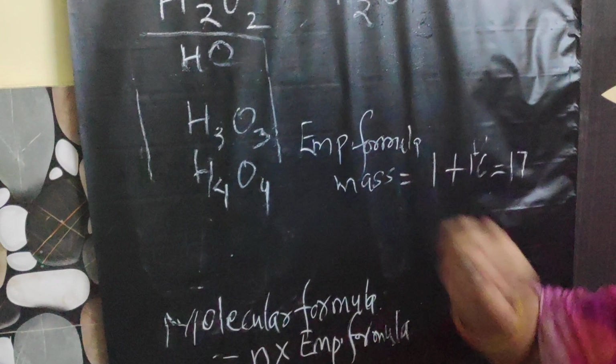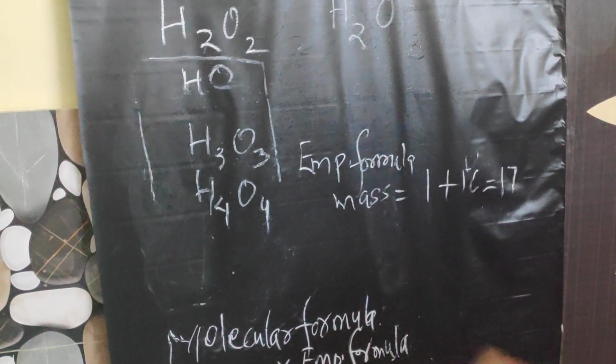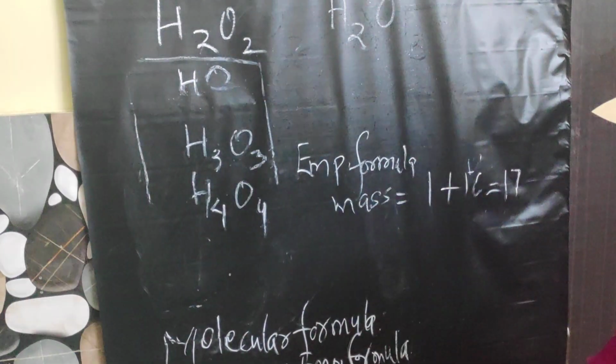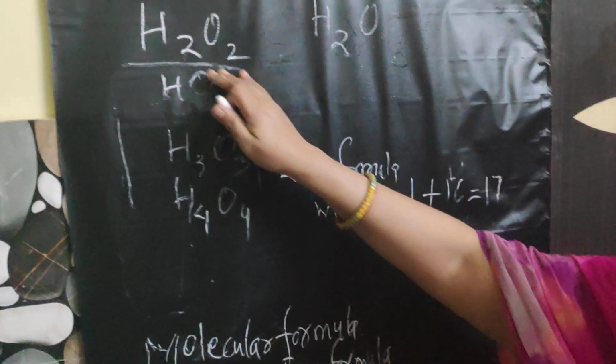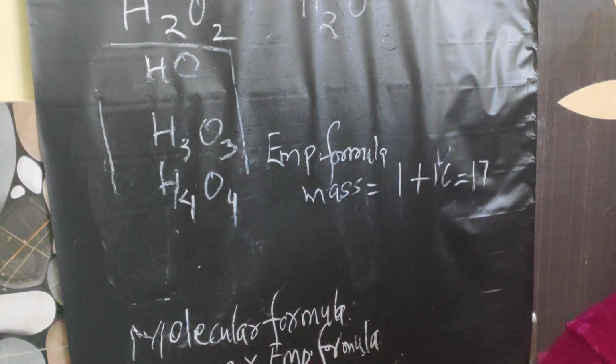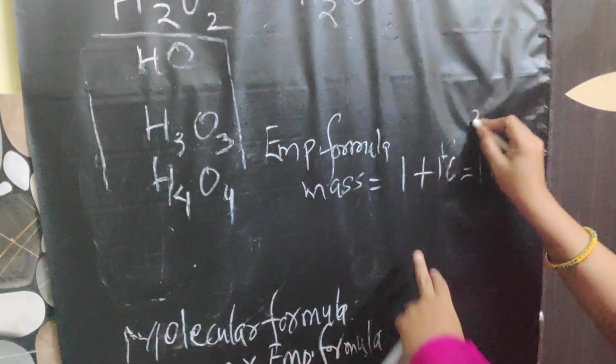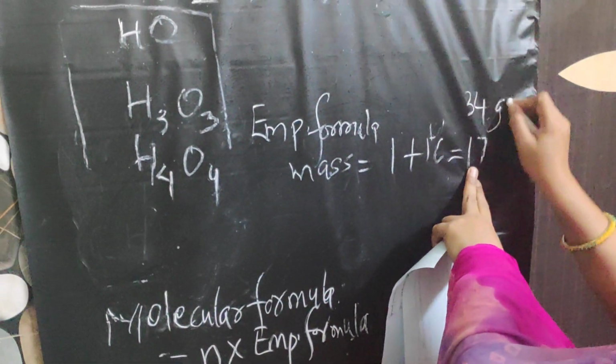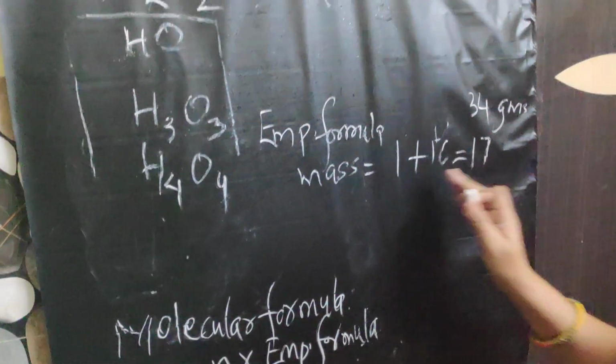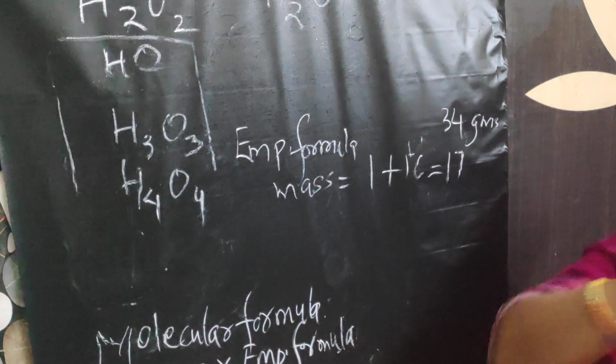But later on, when the mass of this compound was determined, it came out to be 34 grams. So what does that mean? We found 17, but it was actually 34.